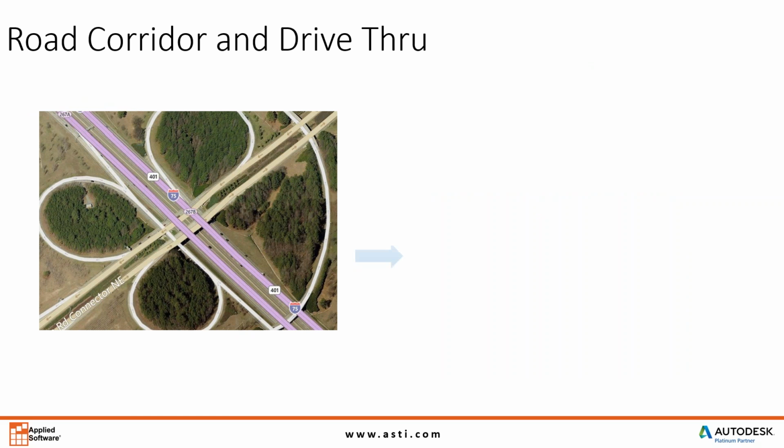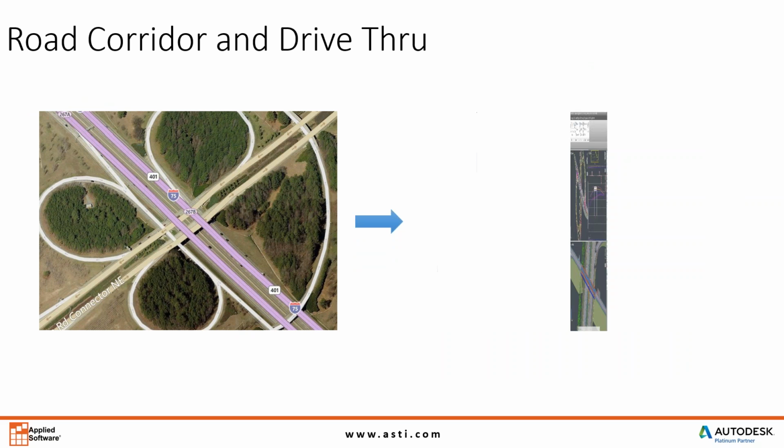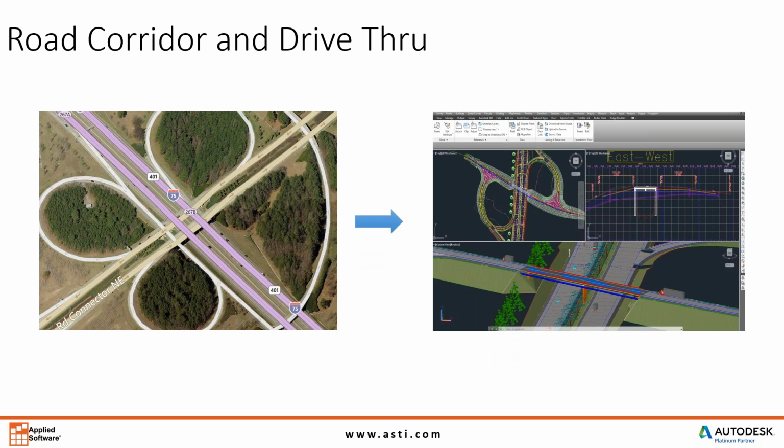So with the corridor model, we want to be able to kind of go from a picture to that actual model in Civil 3D. And to get to that point sometimes requires more than just that big red easy button that we've been seeing for years and years now. So clearly on the left-hand side, it's a picture. On the right-hand side, we have a model of that picture.